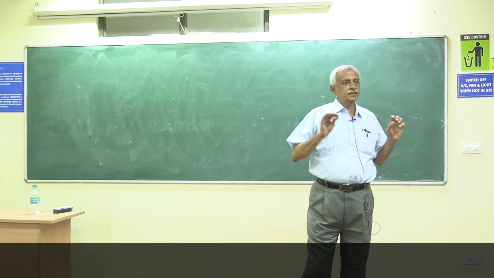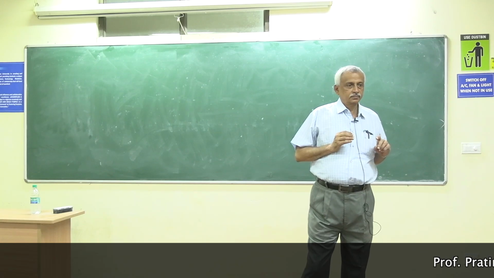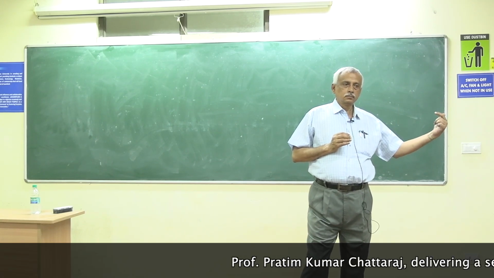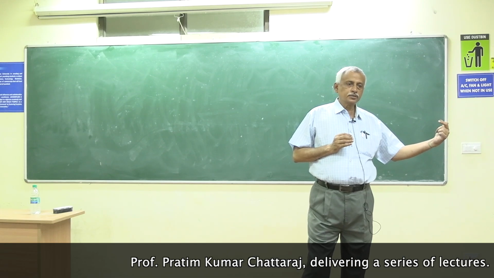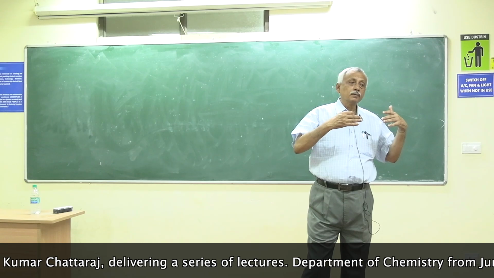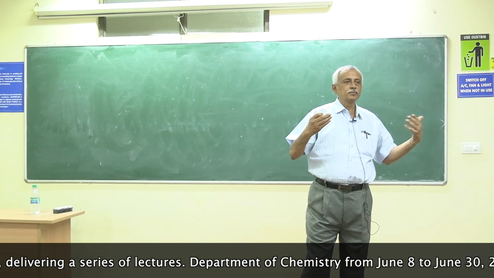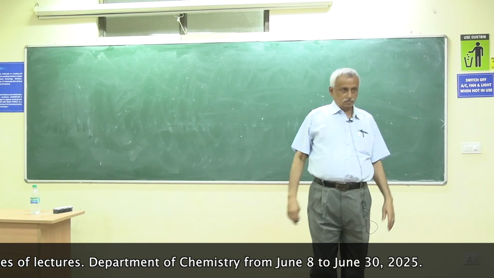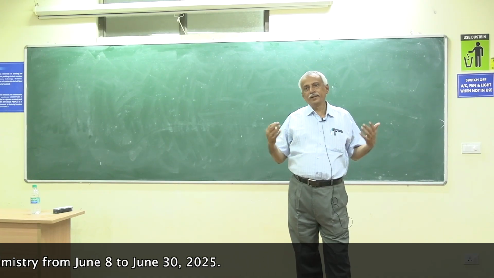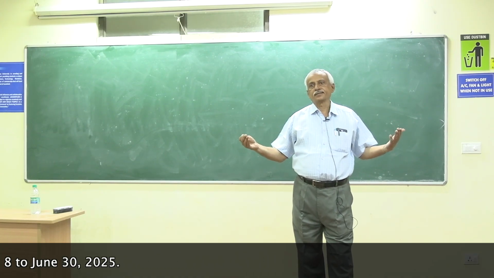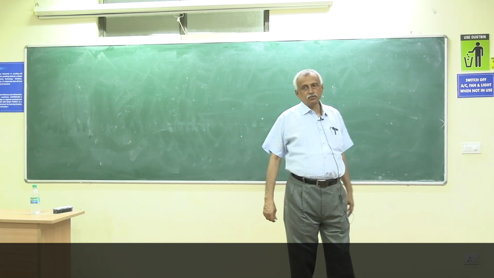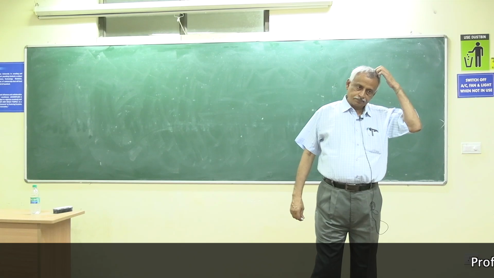Exchange is basically a Fermi correlation, which takes care of your Pauli antisymmetry principle. Why Fermi correlation? Because the larger requirement is that they should obey Fermi-Dirac statistics. So the Pauli antisymmetry principle is just the outcome of obeying Fermi-Dirac statistics. This is the statistical requirement, and that's why we call it Fermi correlation.